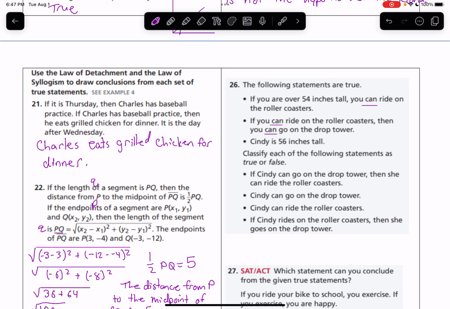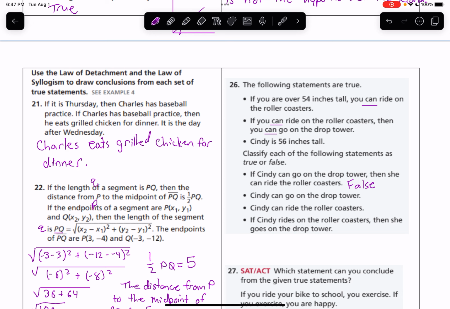We do know that according to all of our information here, Cindy is able to go on the drop tower. But being able to go on the drop tower doesn't automatically mean somebody can ride the roller coaster. That's not the information presented in the problem. So that is false. We cannot use the law of syllogism to conclude that.